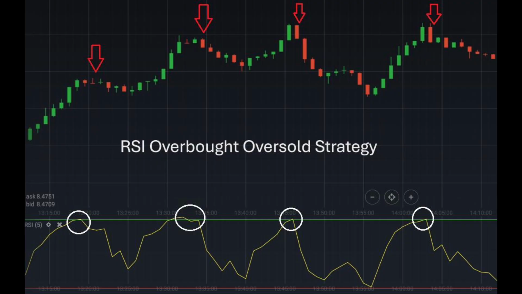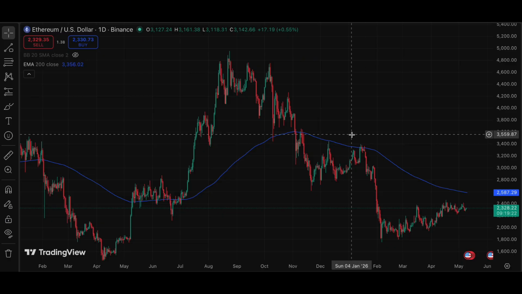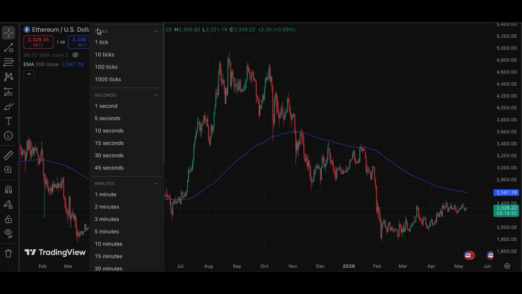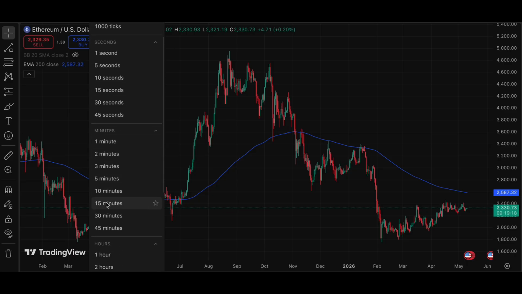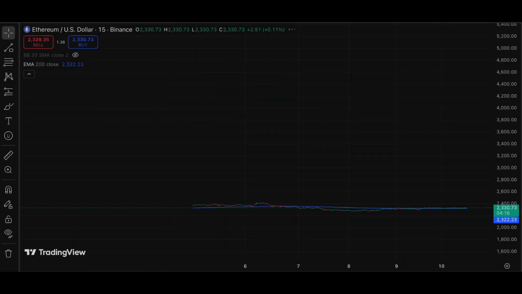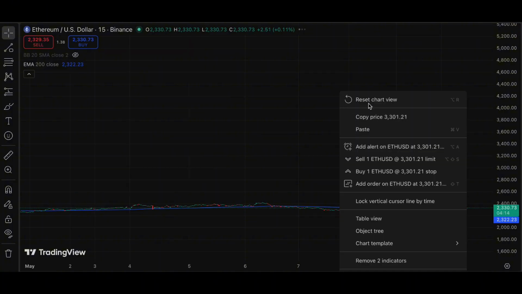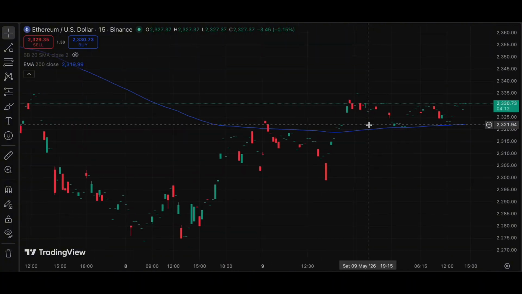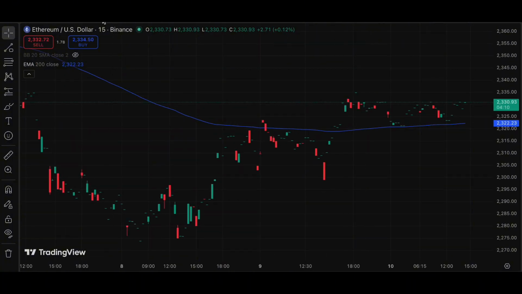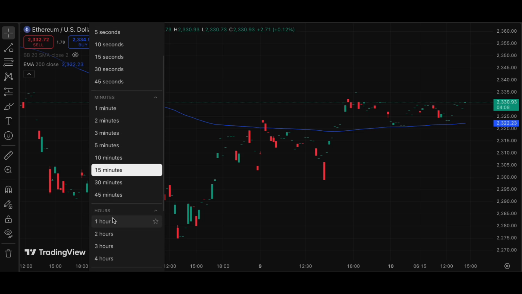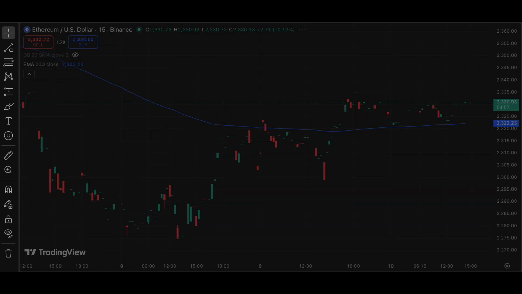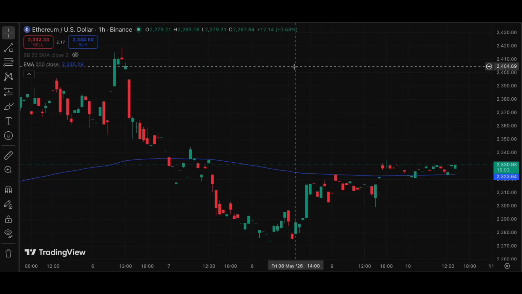Layer 2. Mean reversion into dynamic support. Here's where it gets interesting. Markets don't move in straight lines. Even in a strong uptrend, price pulls back, sometimes sharply. The algo identifies these pullbacks using the 9 and 21 exponential moving averages on a lower time frame, typically the 15-minute or 1-hour chart.